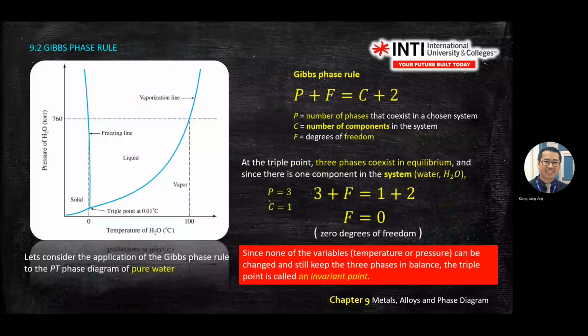So if you get F equals 0, it means it's fixed there already. Triple point, and some textbooks also use invariant point. But in our class, I rarely use invariant point. I will straight away use triple point.